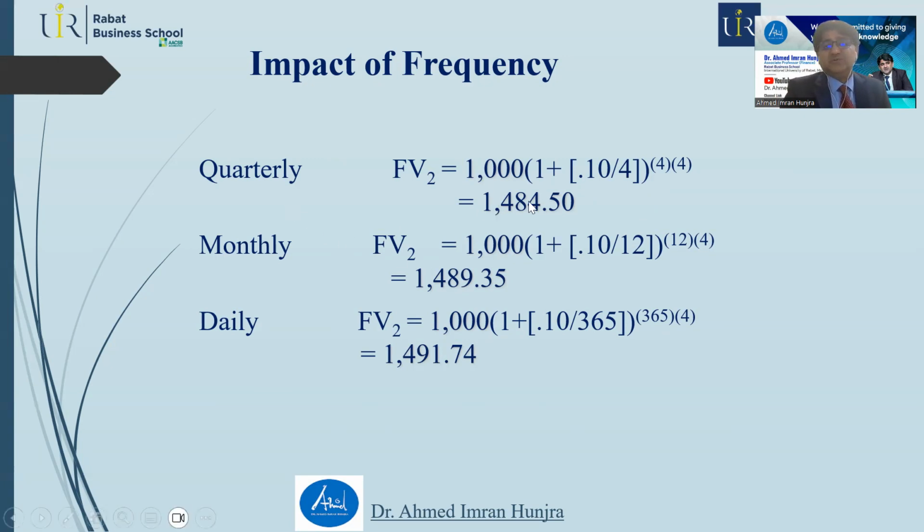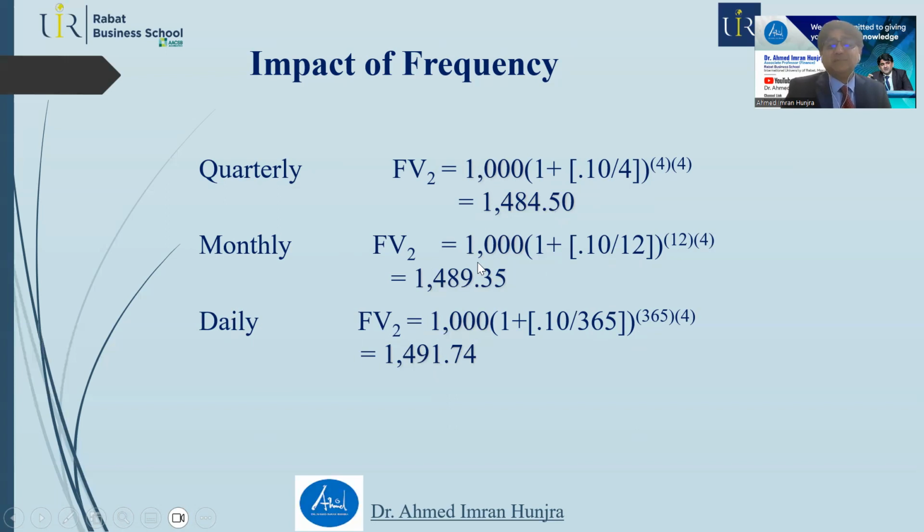So the more the frequency of compounding, the larger is the future value. Look at this. The frequency of compounding is 4, we are getting 1484.5. The frequency of compounding is 12, we are getting 1489.35. If the compounding frequency is increased to 365 days, we are getting a bigger value.